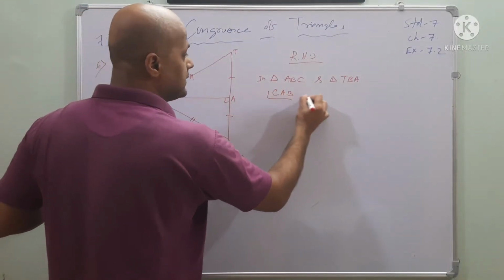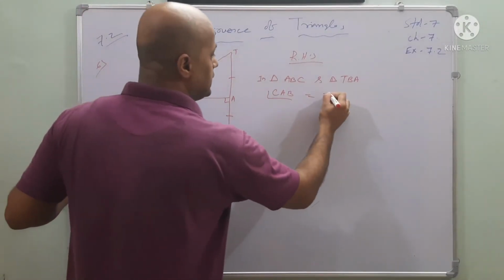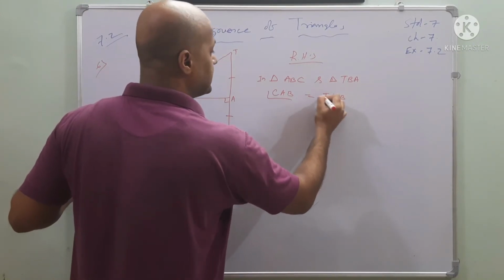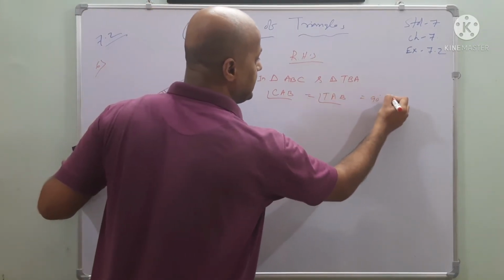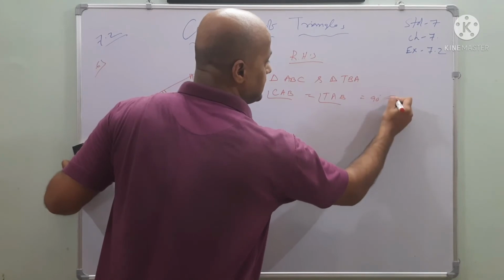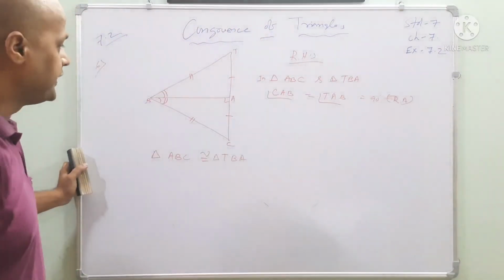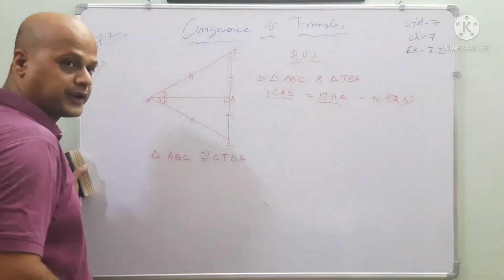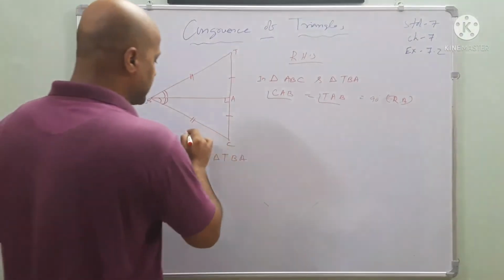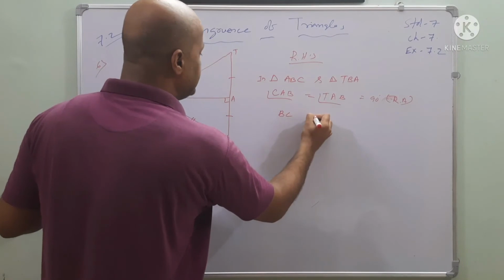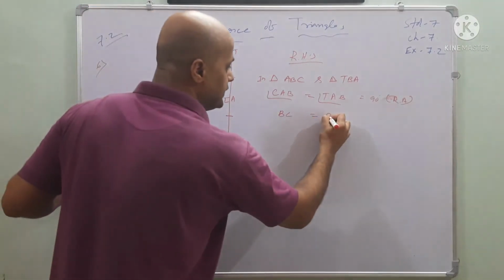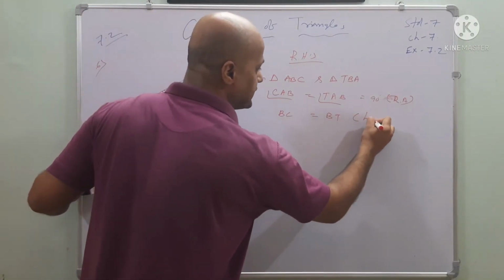CAB angle is equal to TAB angle. Why? It is 90 degree, right angle. Okay. First right angle is over. Hypotenuse. In these two triangles, which one is hypotenuse? Yes, BC is equal to BT. This is hypotenuse.